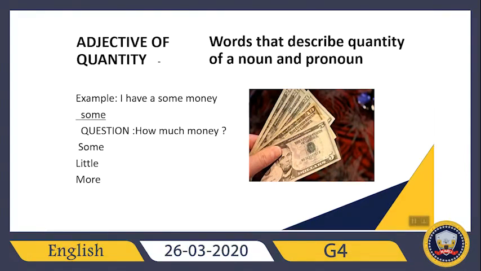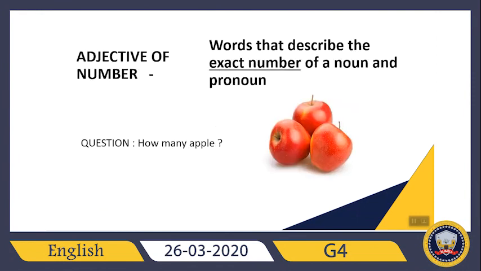So the next adjective we're going to be checking out is the adjective of number. The adjectives of number are words that describe the exact number of a noun or pronoun. The first one we just saw, the adjective of what?